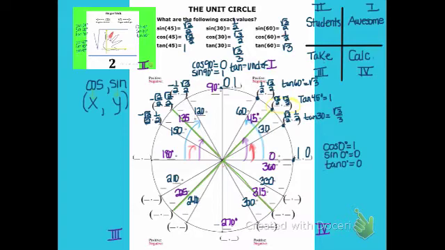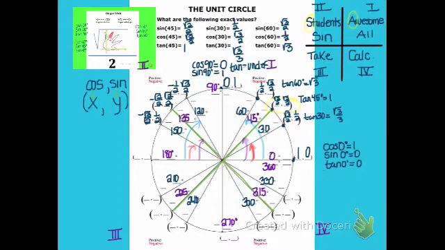So if you start in the first quadrant, I use the word awesome, which starts with an A, and that really means all. Everything, sine, cosine, tangent, will all be positive in the first quadrant. In the second quadrant, students, well, sine starts with an S, and only the sine is positive in the second quadrant, because remember the tangent is the ratio between the sine and the cosine, so if the cosine is negative there, then you divide a positive by a negative, you get a negative.